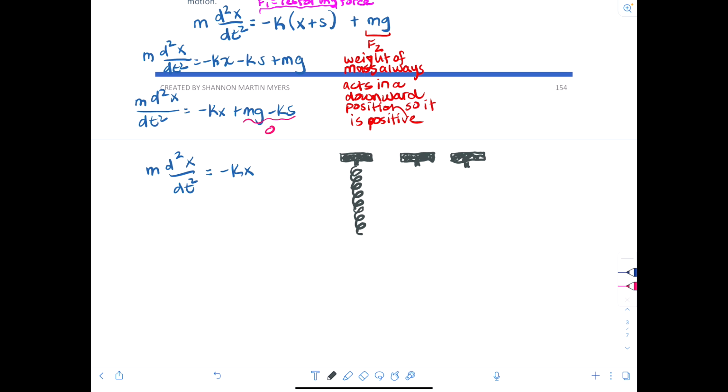Now let's look at the picture of the equilibrium position. This is where we've attached the mass, but there's no initial velocity. So same spring, a little more spread apart because it's stretching, right?